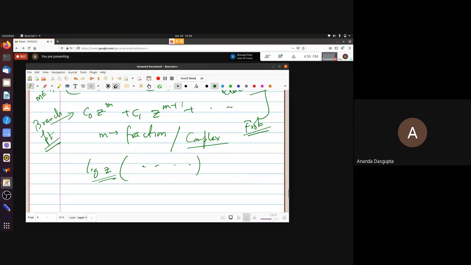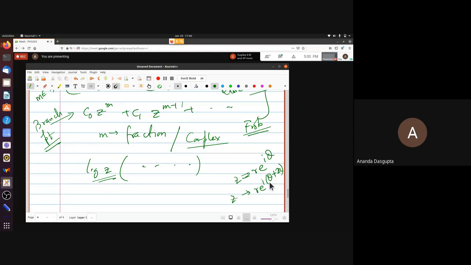Because z goes from r e to the power i theta, whose log is log r plus i theta, to r e to the i theta plus 2 pi, or 4 pi or 6 pi, depending on how many times you're going around, or even minus 2 pi, minus 4 pi, depending on whether you're going the other way. But the log ends up getting an additional i 2 pi piece or i 4 pi piece every time you go around. So log z is a branch. z equal to z0 is a branch point if you have a log z function.